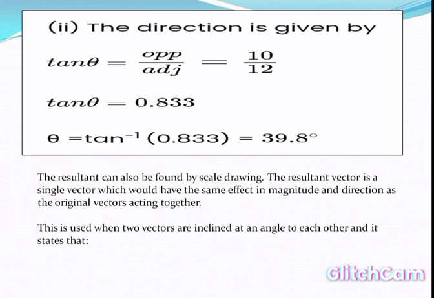Now we can also find the resultant by scale drawing, but in this section we will not be doing that. So we are going to do that in our next session.